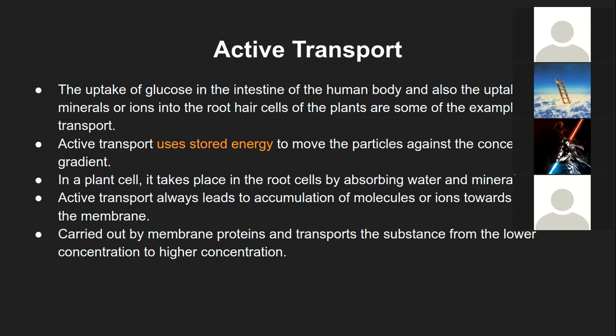Shantanu, would you like to try? Shantanu, are you there? Yes, sir. So basically, active transport is from lower concentration to higher. Your voice is breaking, Shantanu. Okay, now it's completely gone.